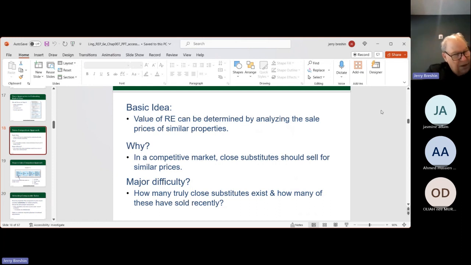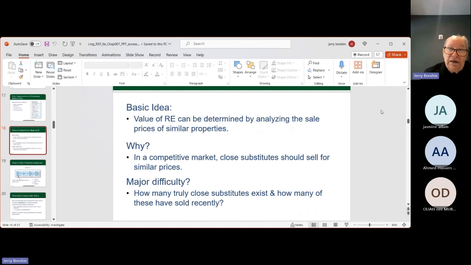The first approach, which they go into more detail to discuss, is the sales approach. In using the sales approach, what I have said is that this is the basic approach used by realtors in a sale or purchase of residential homes.